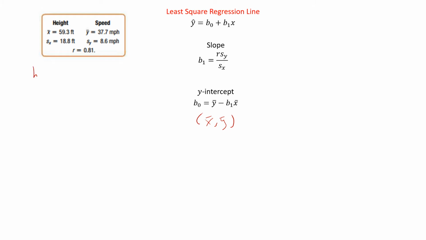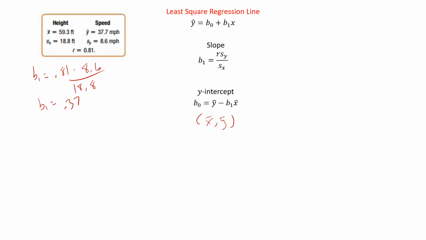So the slope, B1, is going to be the correlation, 0.81, times S of y, which is 8.6, over S of x, 18.8. And we can do the calculations here using a calculator, obviously, to get 0.37.